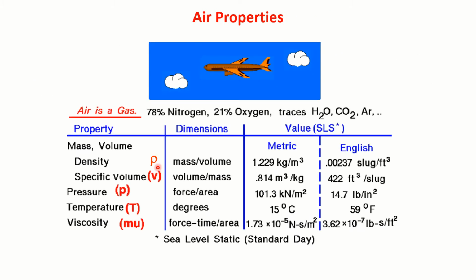Now, air, many times we use as a working substance. It is better to know air properties, say at sea level condition. Air is basically a gas mixture of 78% nitrogen, 21% oxygen, and traces of water, carbon dioxide, argon, and so on.